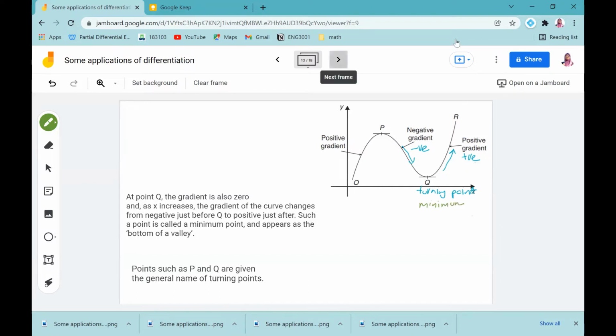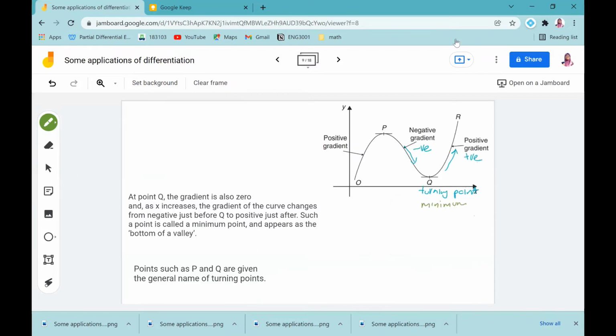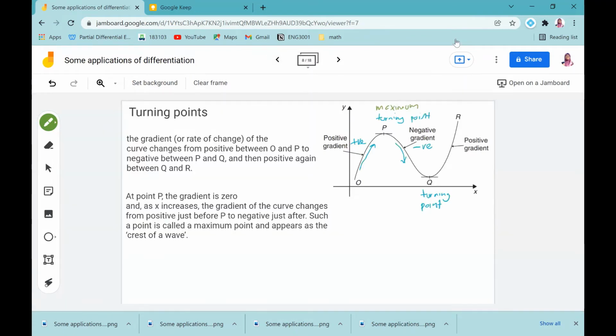It is actually possible that the gradient on either side is the same. In this case, we see that there is a turning point here, which means that dy over dx is equal to 0.